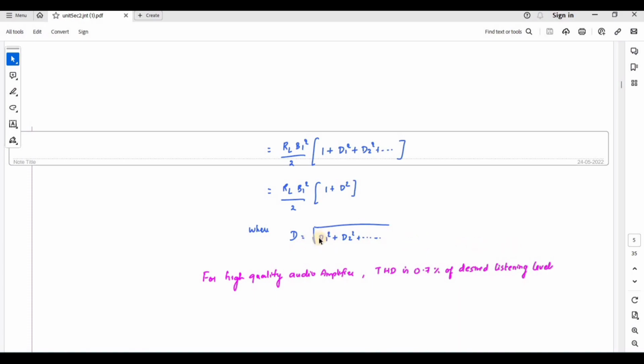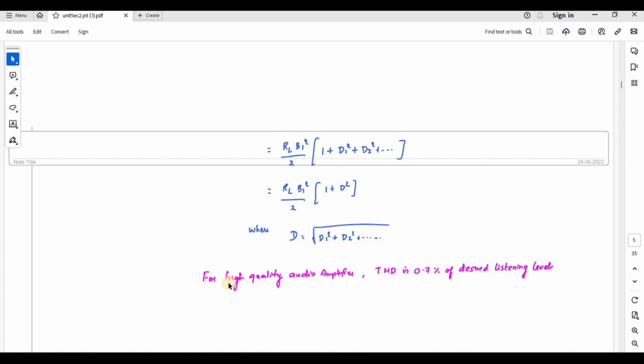This is not D1. So this D, that is total harmonic distortion or distortion factor, is D is equal to root of D2 square plus D3 square plus D4 square, and it goes on.